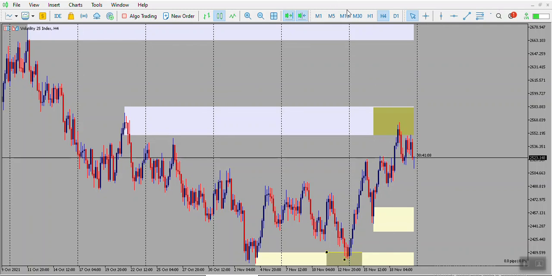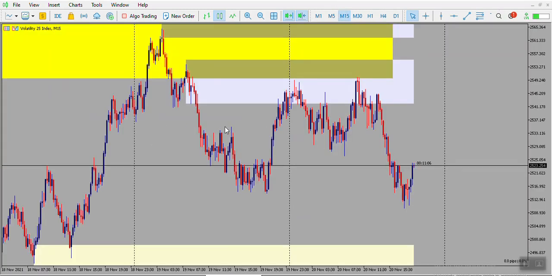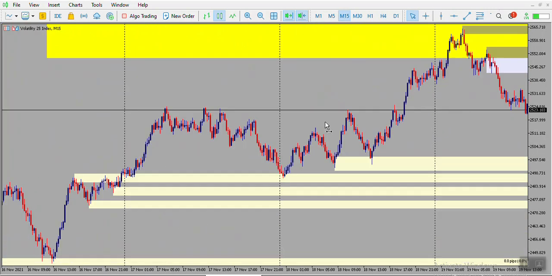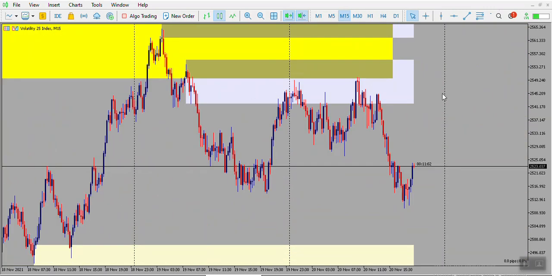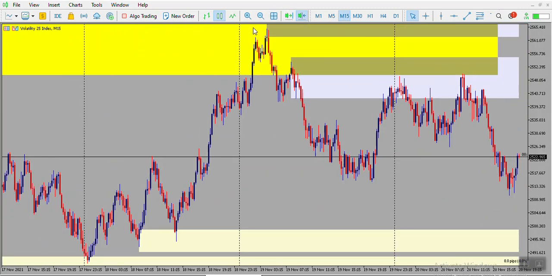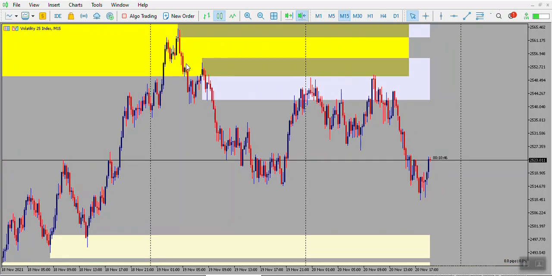So let's drop down to 15 minutes time frame. Dropping down to 15 minutes time frame, we saw that this is where price retested and price created a low and a liquidity grab, then dropped possibly, but no setup for us until we got this.